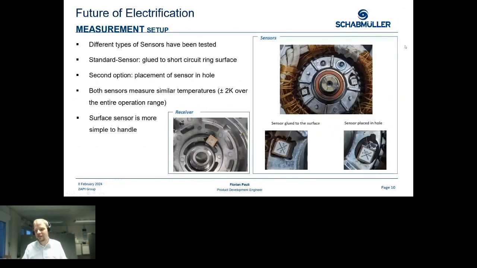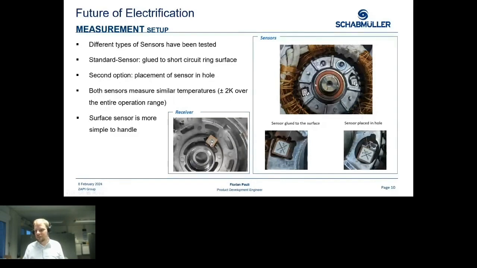How does this measurement setup look like? We have one or two sensors which are transmitting in the rotor, we can also measure it with one sensor, and we have a receiver in the stator.